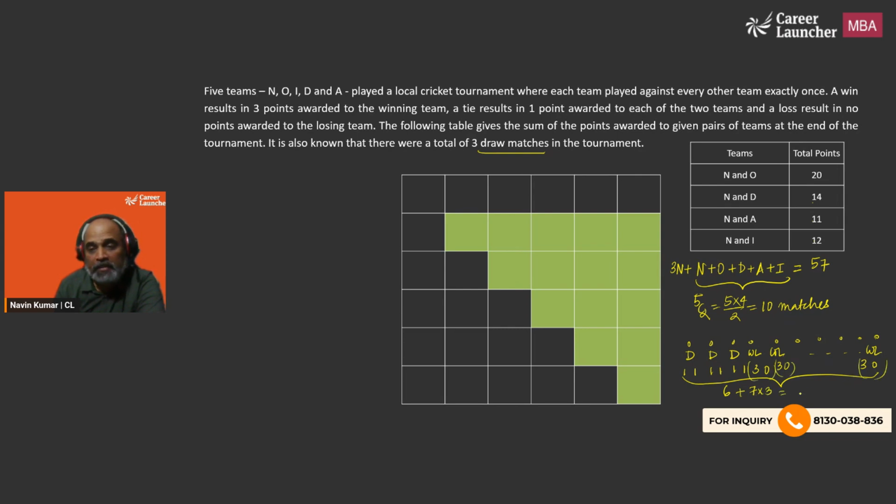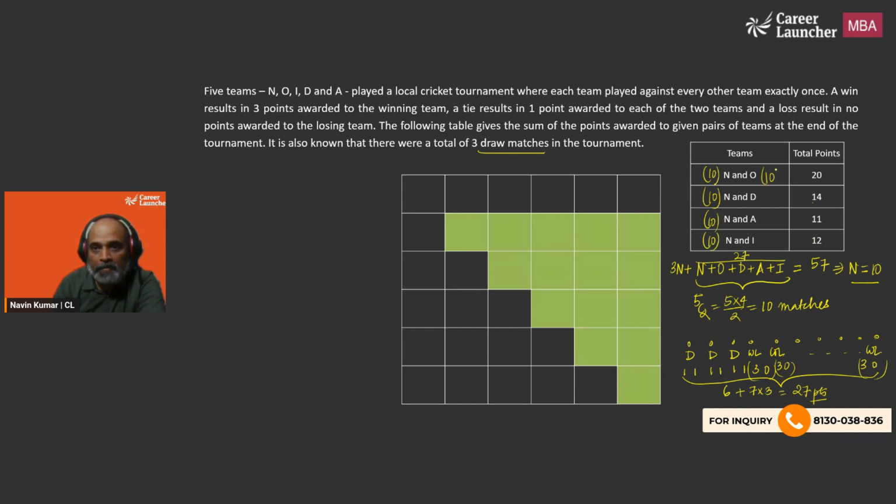So 21 plus 6 is 27. So 27 points should actually be awarded. So 3n plus 27 is 57. This gives n is equal to 57 minus 27, which is 30, and 30 by 3 is 10. So basically, N gets 10 points.